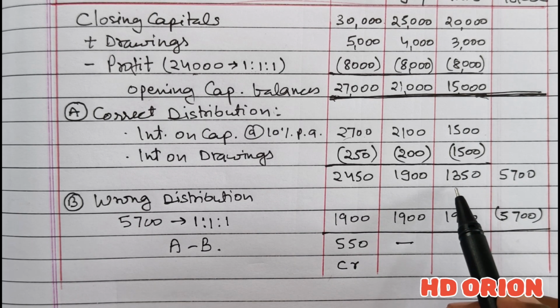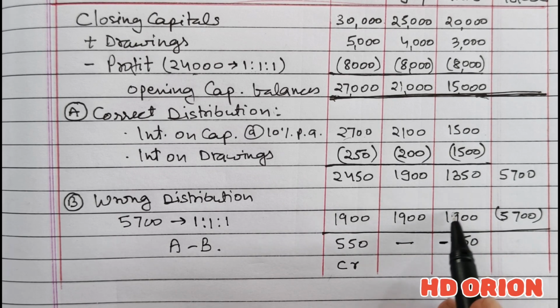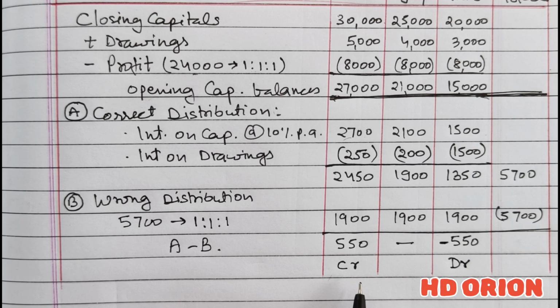Whereas Anil was supposed to receive only rupees 1,350, but by mistake he has received rupees 1,900. It means 550 rupees extra. So that is a minus figure because 1,900 is bigger than the A amount, that is 1,350, and a minus amount means the capital account will be debited. So from here we can understand which partner's capital account is to be debited or credited.